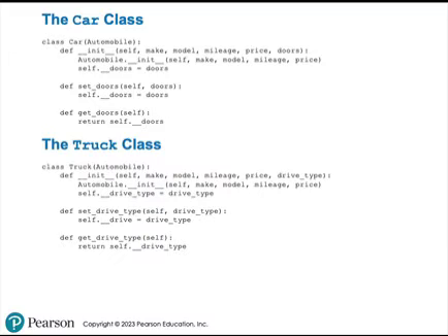So we're actually going to add two methods, one for setting the number of doors and one for returning the number of doors. As far as a truck, everything's the same except the data attribute that's added is drive type. And then we have methods for setting and retrieving, or getting, the drive type.